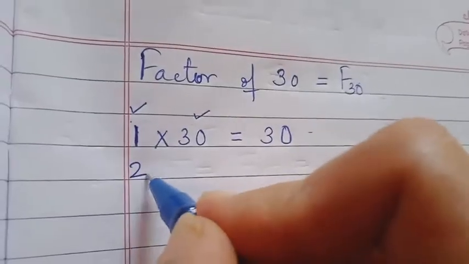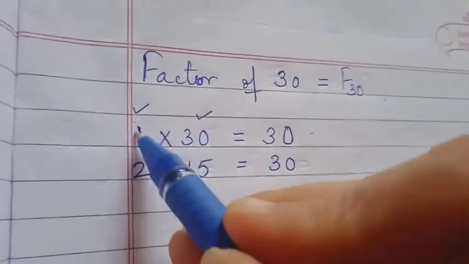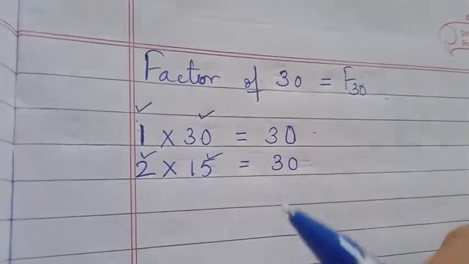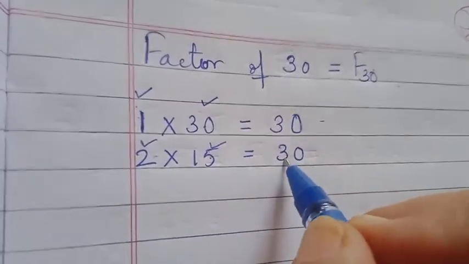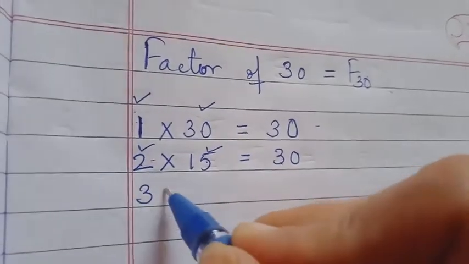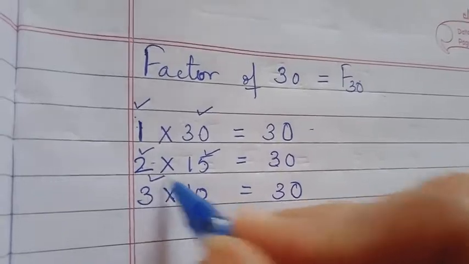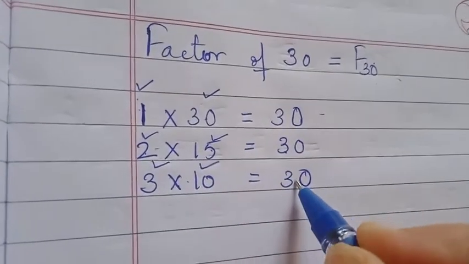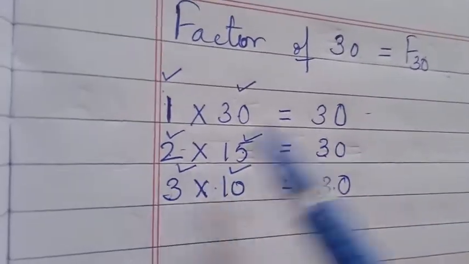Now 2: 2 15s are 30. So along with 1 and 30, 2 and 15 are also factors of 30. 3: 3 10s are 30, so 3 and 10 are also factors of 30. In whichever tables 30 comes, those numbers are factors of 30.